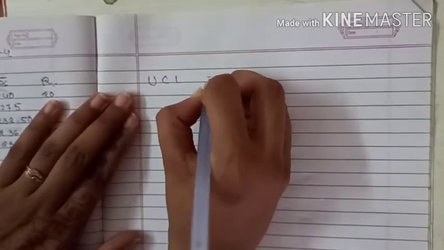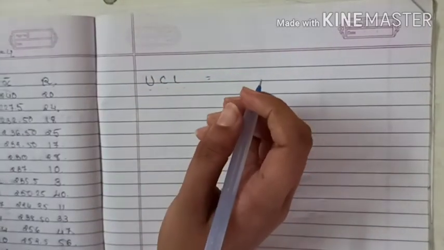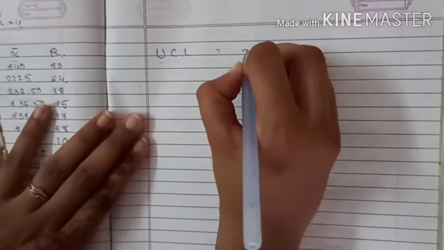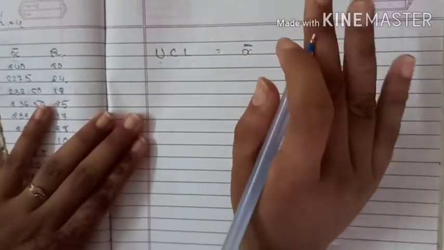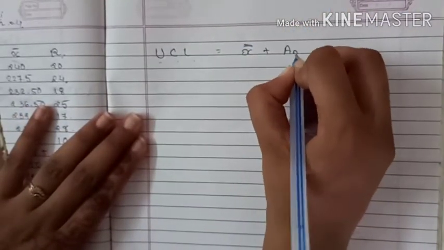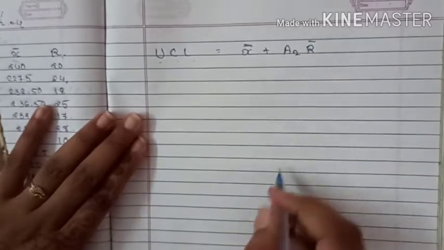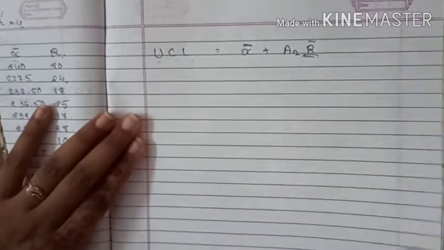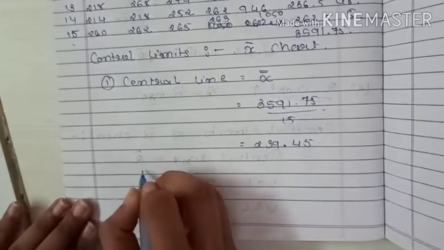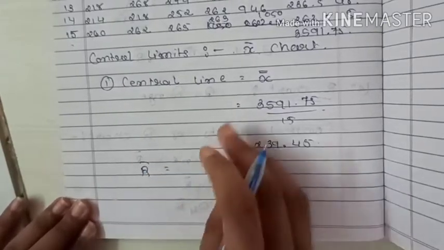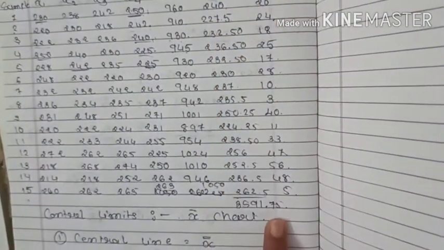Now upper limit, UCL, upper control limit. What is the formula of the upper control limit? X double bar plus A2 R bar. So first we have to calculate the R bar also. R bar is equal to the total of the R column.